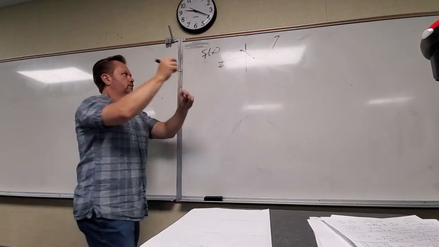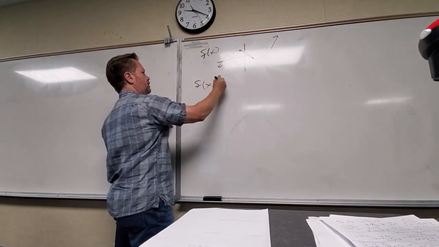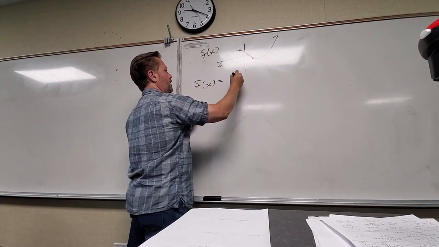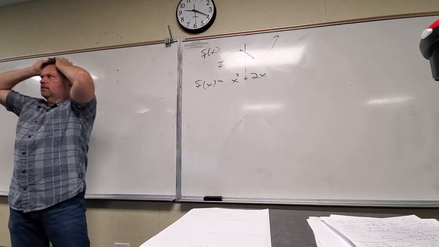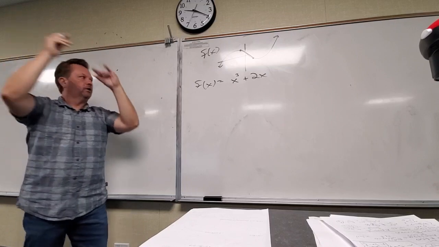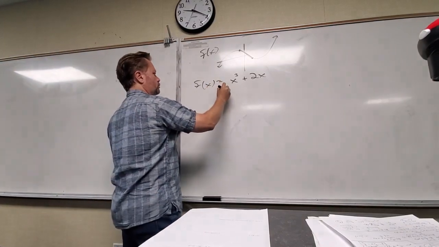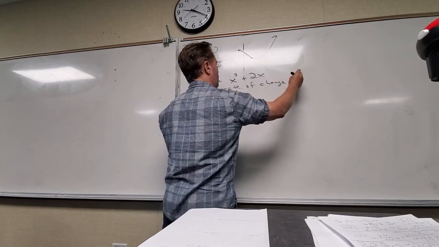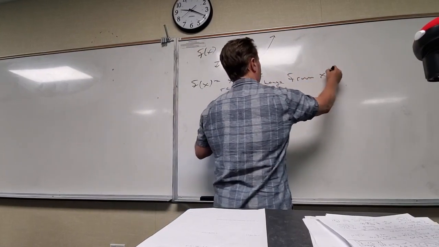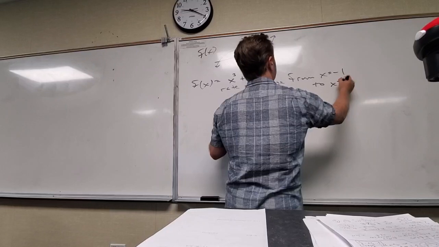Okay. So it really still is just calculating a straight line slope. For example, if I was given the function x cubed plus 2x, and I want to know what's the rate of change from x equal to -1 to x equal to 2.